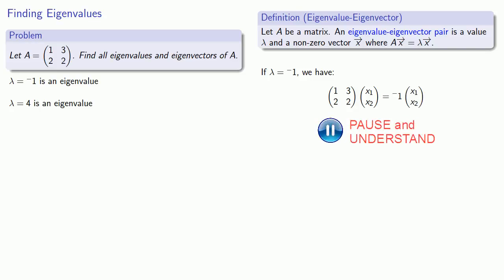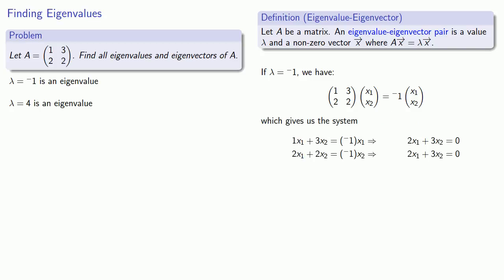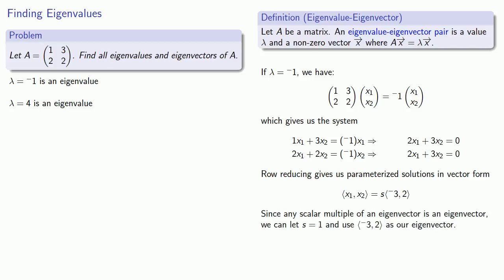We can rewrite this as a system of linear equations, and then solve to get the solutions in parameterized vector form. Since any scalar multiple of an eigenvector will also be an eigenvector, we can let s equal 1 and get negative 3, 2 as our representative eigenvector.